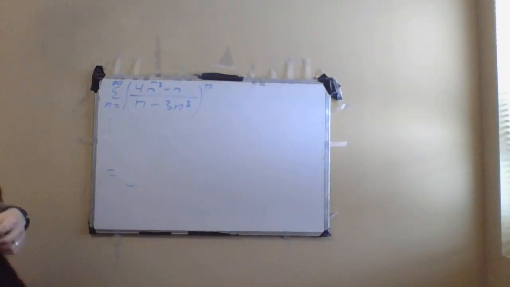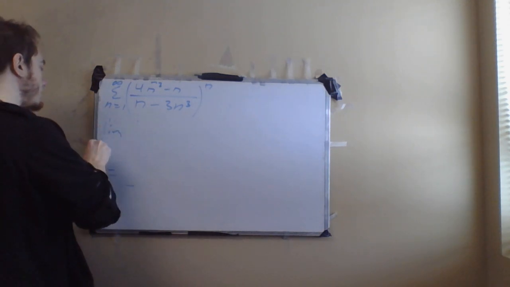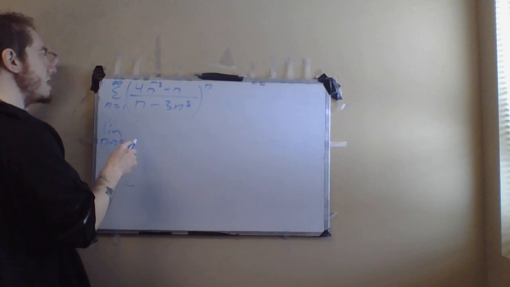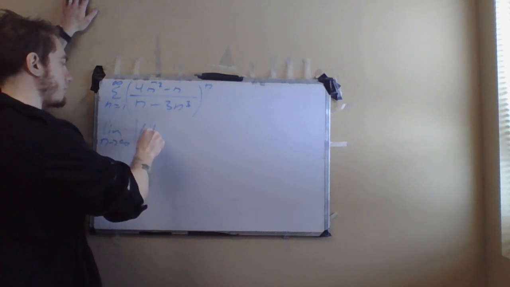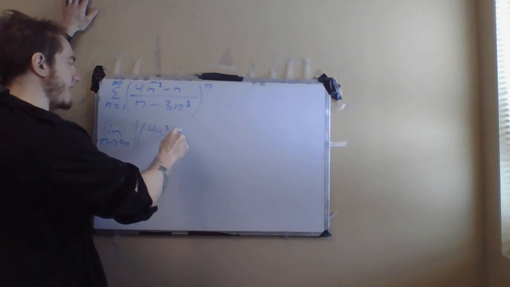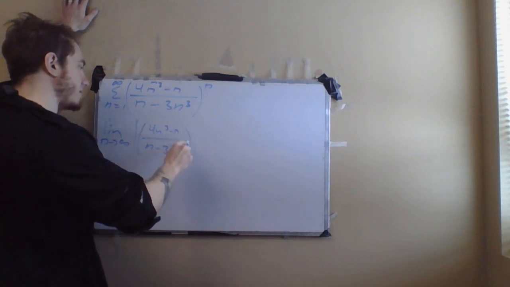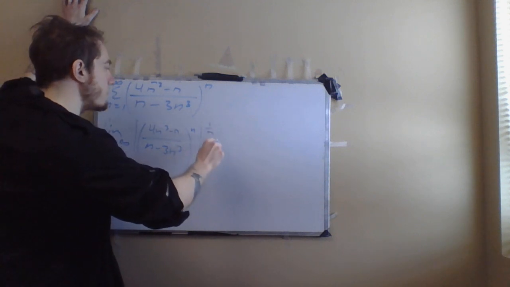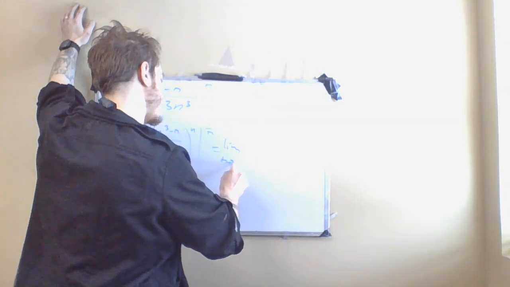So did you figure it out? It's kind of similar to the previous example. If I look at the limit as n goes to infinity, absolute value of (4n cubed minus n) divided by (n minus 3n cubed), raised to the nth, raised to the 1 over n. I need to be careful about signs here once again.